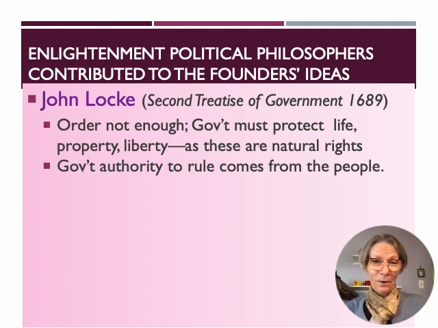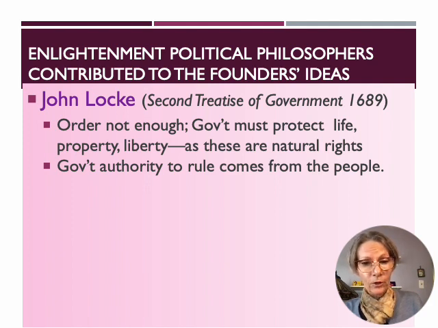John Locke again pushes it farther and says that government's authority to rule actually comes from the people, right? And so in the social contract, we give up our rights and the sovereign protects us. But for John Locke, it's a two-way street, right? It wasn't with Thomas Hobbes. It's like, hey, we give up our rights, you protect our life, our liberty, our property.